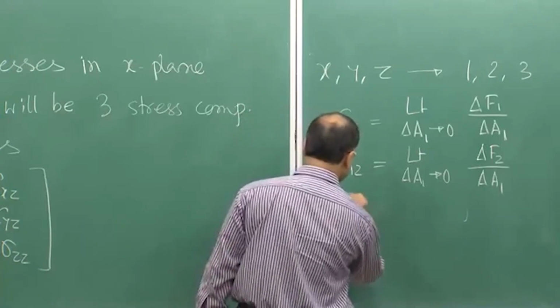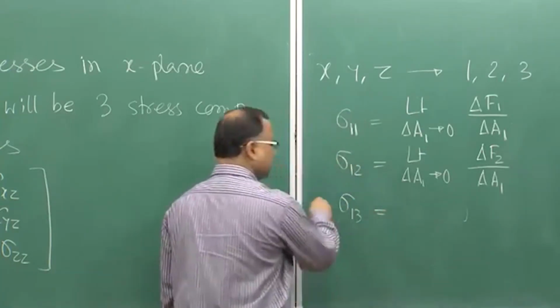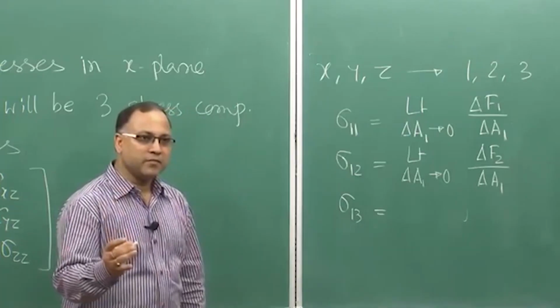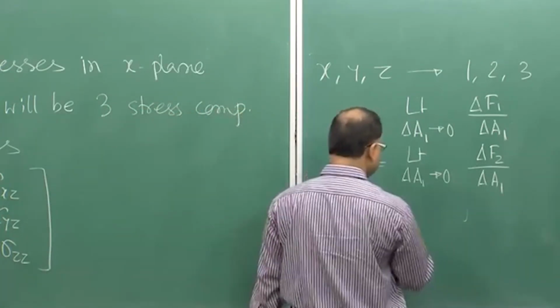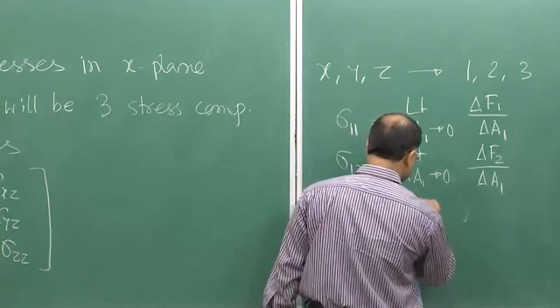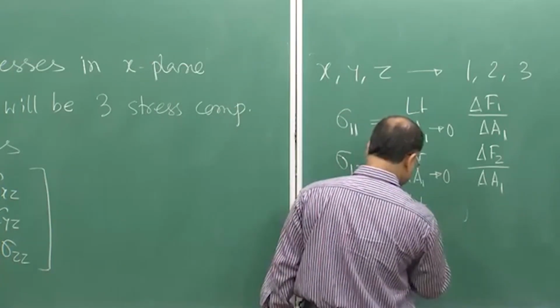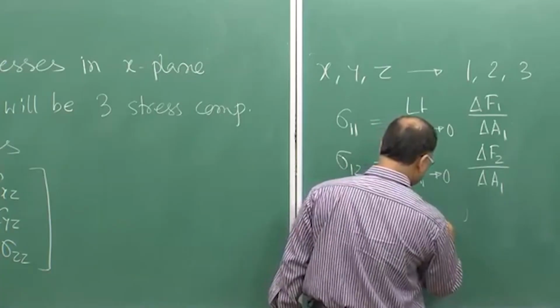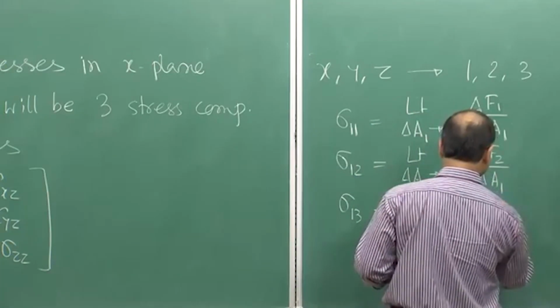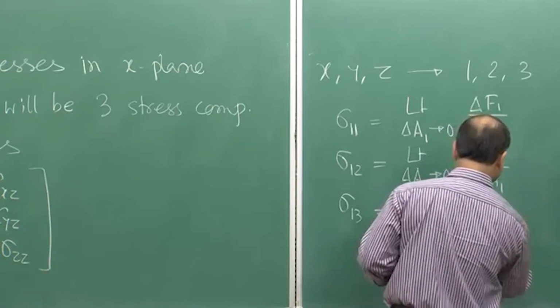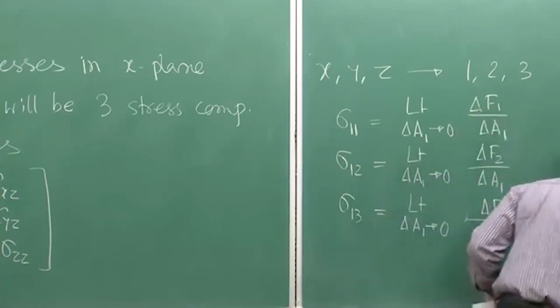Similarly, sigma 13 is the shear stress acting on plane 1 towards the 3 direction, okay, that is given by the limit as delta A1 tends to 0 of delta F3 by delta A1.